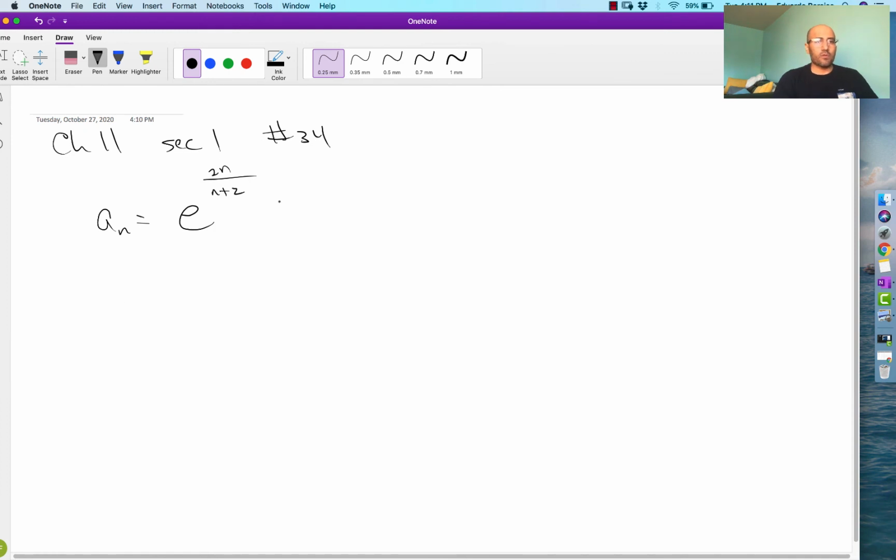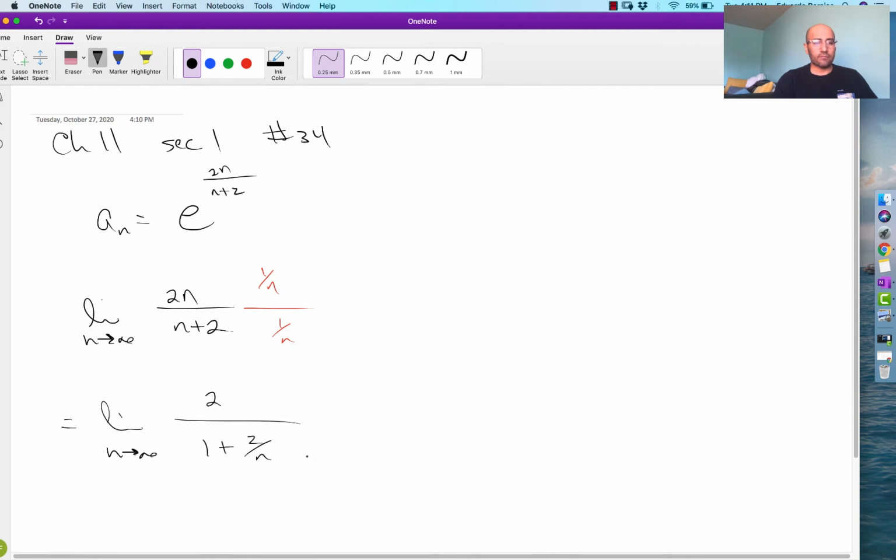Okay, so now let's just take a look at the numerator. So let's consider the limit as n goes to infinity of 2n divided by n plus 2. So we can multiply the numerator and denominator again by this 1 over n divided by 1 over n, and that gets us to the limit as n goes to infinity of 2 divided by 1 plus 2 over n, right?